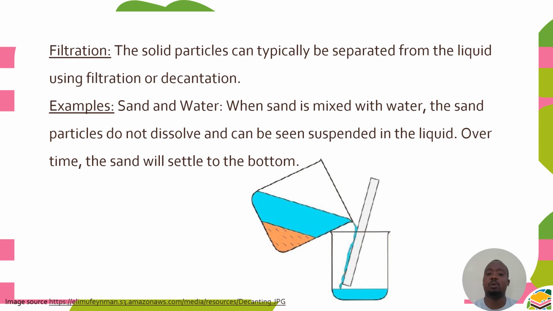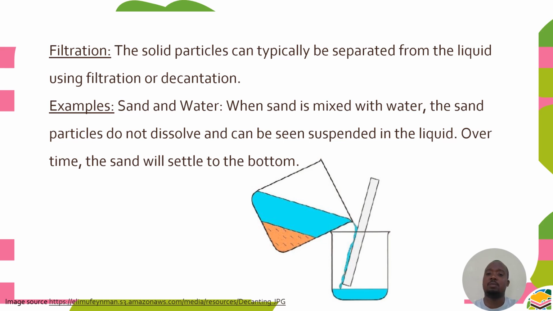And on the examples, we have sand and water. This is an example of a heterogeneous mixture, and we are talking much of heterogeneous here because sedimentation is used to separate a heterogeneous mixture. You cannot use sedimentation to separate a homogeneous mixture, no way. So sand and water is an example of a heterogeneous mixture.